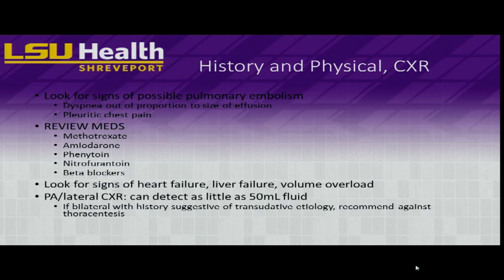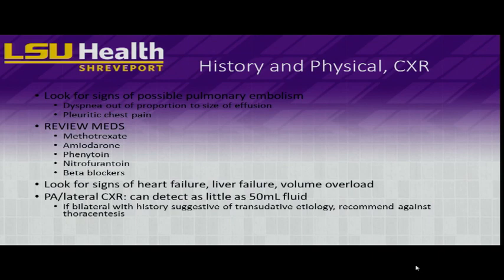Pleural effusions are very common with pulmonary emboli, and in these cases they tend to be small, filling up less than 1/3 of the hemithorax. And the reason you want to have a high index of suspicion is that in patients with pulmonary emboli who have an effusion, sampling the fluid's not really going to help you with the workup, and it's not really going to help the patient.